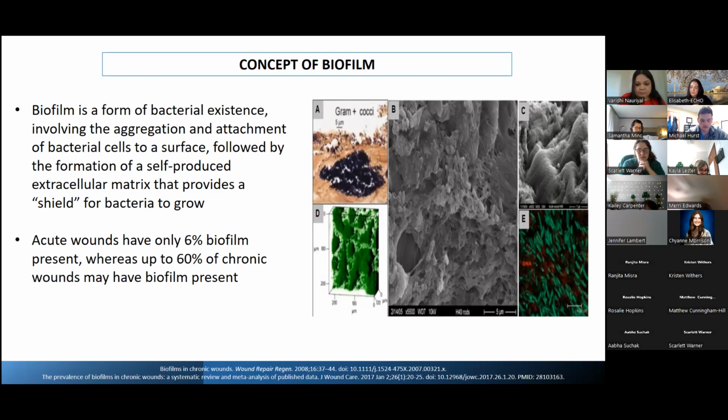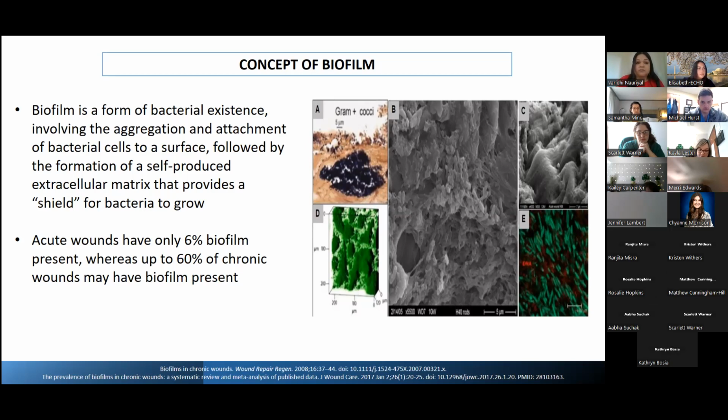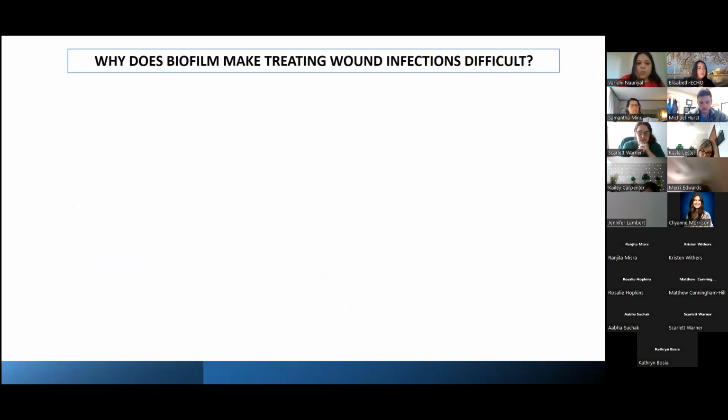If you look at these images on the left, you can see that under the electron microscopic view, biofilms can be really thick. Only 6% of acute wounds will have biofilm, whereas about 60% of chronic wounds tend to have biofilms.